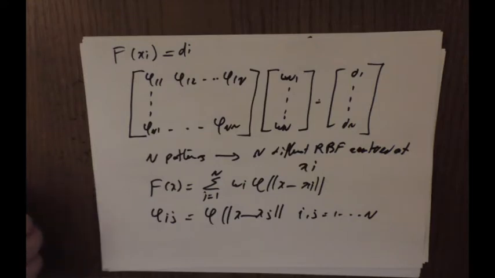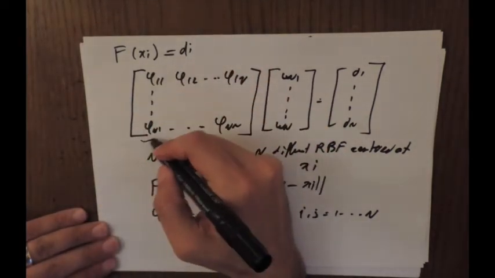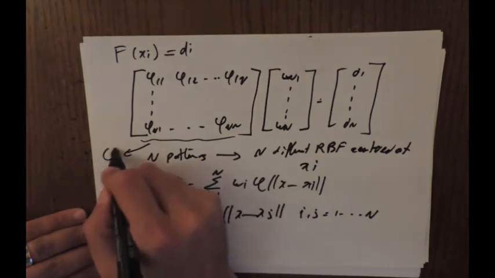Alright, so given this fact, we have an n by 1 representation of linear weights, and we have an n by n matrix of phi, which consists of all these phi's. Let's say this is equal to big Phi.